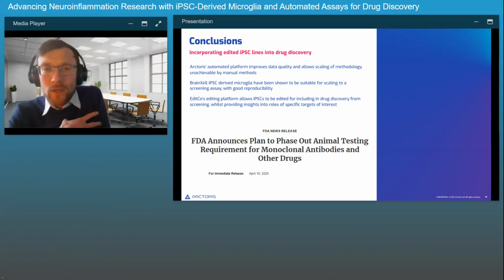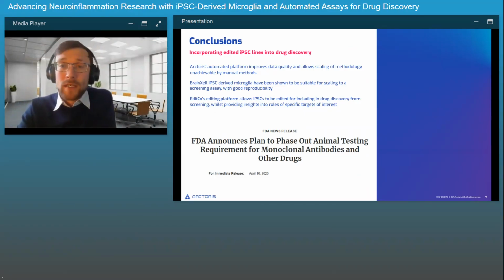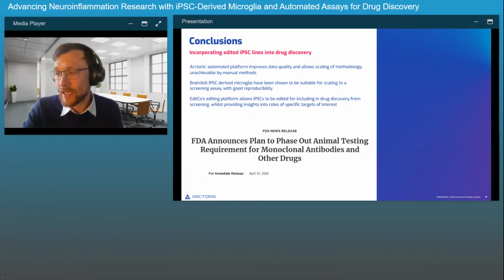Well, we've shown that Arctoris' automation platform can improve data quality. It allows us to scale methodology to levels unachievable by manual methodology, and generate data on assays that traditionally would be very hard to scale at this level. We've shown that Brainxell iPSC-derived microglia are suitable for scaling.